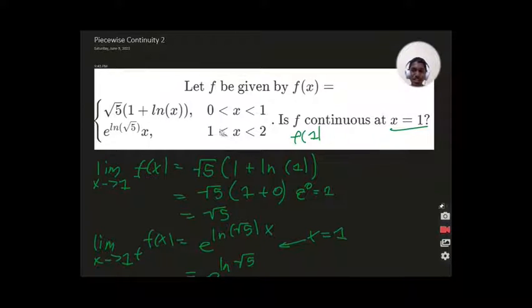Well, no, actually f of 1 isn't even defined. We've got it for the open interval 0 to 1, and then we've got 1 to 2, but there is no 1 actually. It's not defined at 1. So the answer is just no, it's not.